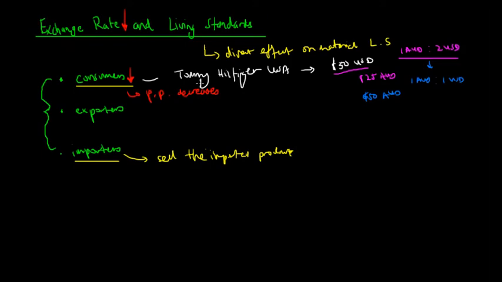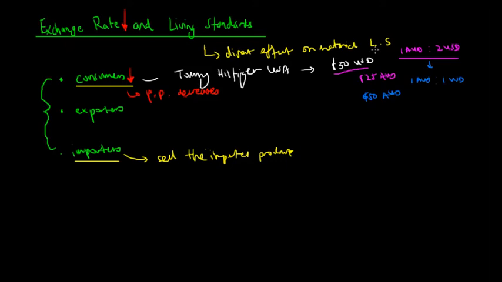So as we know, purchasing power has a direct correlation with our material living standards, because our material living standards are correlated to how many goods and services, or how many needs and wants we can satisfy. And if the purchasing power decreases, then we can satisfy fewer needs and wants with the available money that we have.